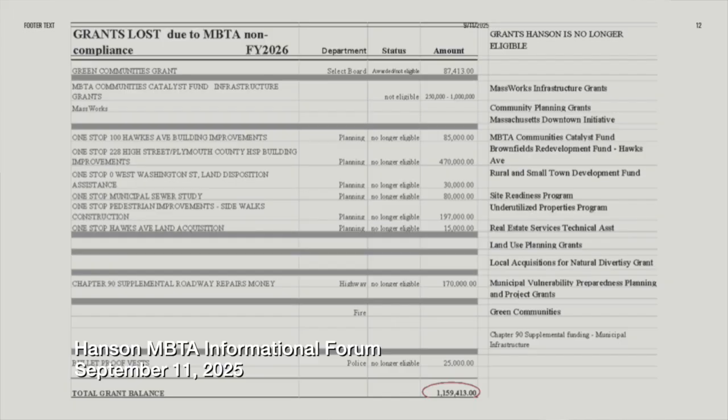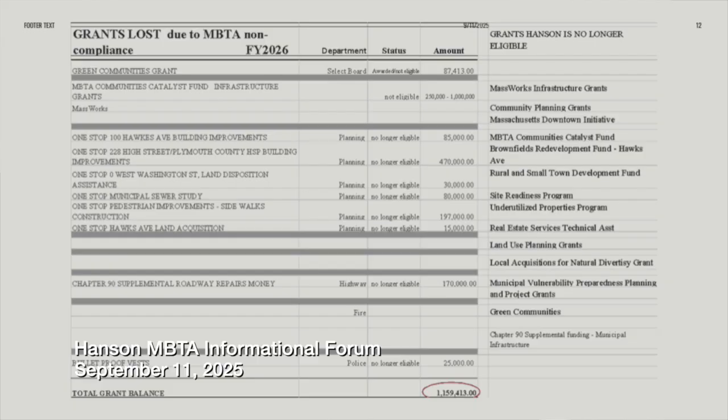Hanson's not eligible for any of that. And then the grants that we had just talked about: Hawks Ave, the One Stop, 228 High Street, 0 West Washington Street, municipal sewer study, pedestrian improvements, which includes the sidewalks, and then the One Stop Hawks Ave land acquisition that would help us with what to do with that land.